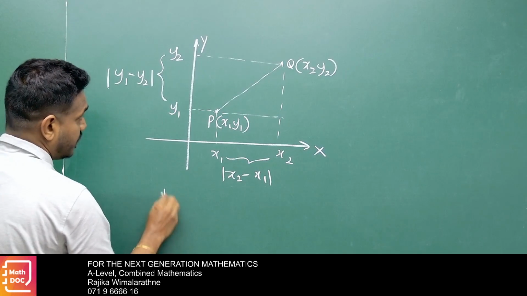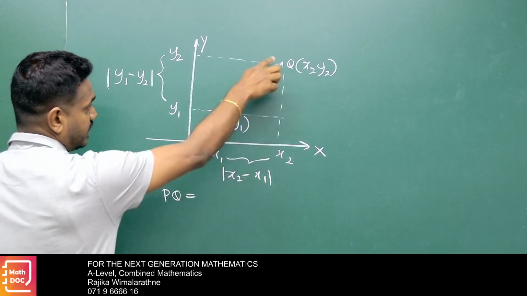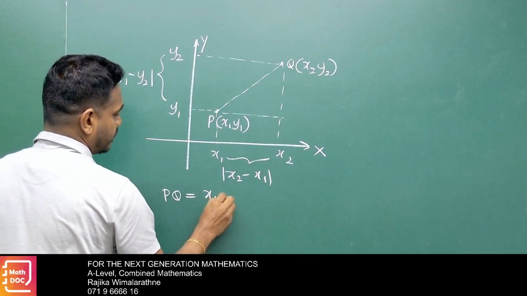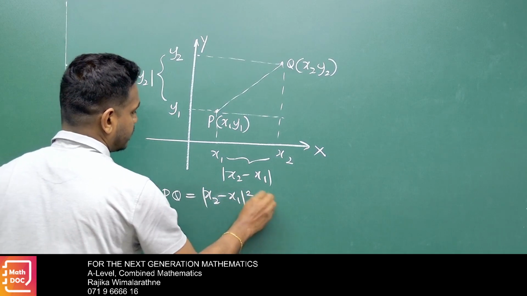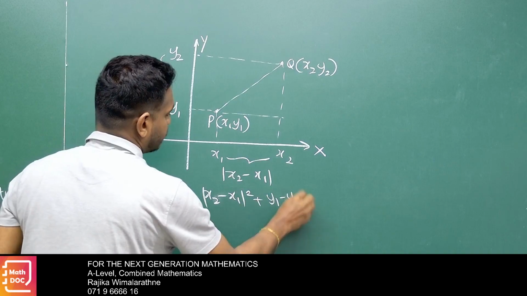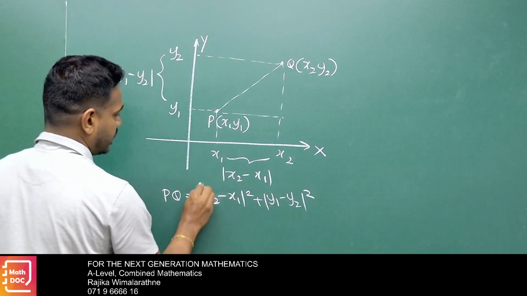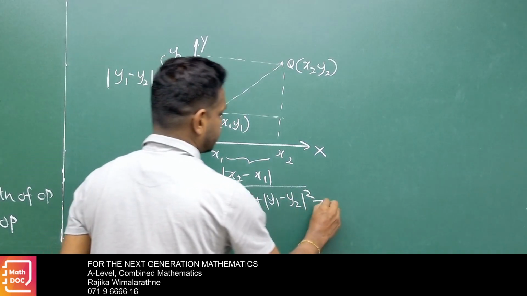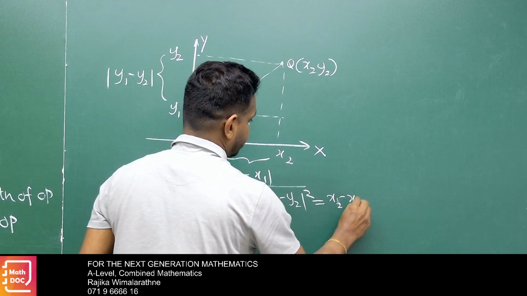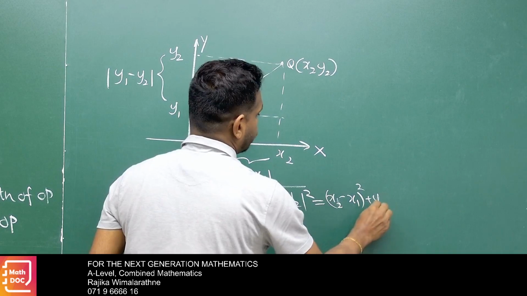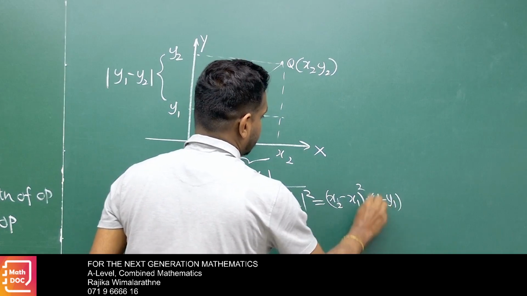Then the PQ distance: we write the x difference squared plus the y difference squared, square root. This is the distance formula, the distance between two points: square root of x2 minus x1 squared plus y2 minus y1 squared.